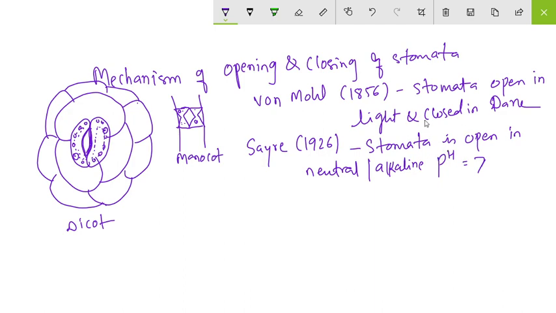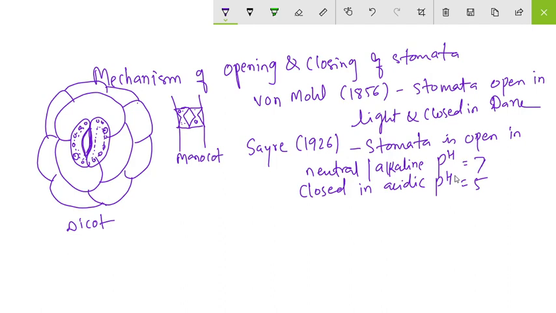Von Mohl stated that the stomata open in the light, but according to Sayre, stomata open in neutral and alkaline pH, that is 7 or more, whether there is darkness or light. And they close in acidic pH, which is around 5. Even if there is light, if the acidic pH is 5, the stomata close.